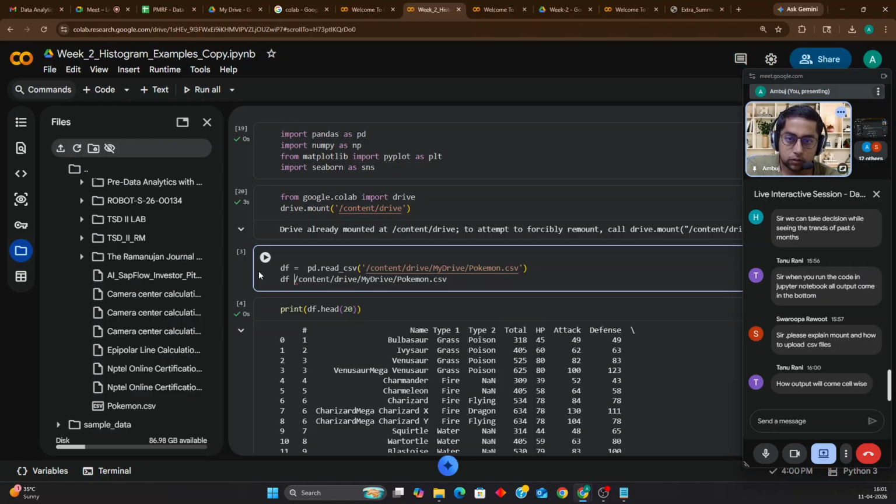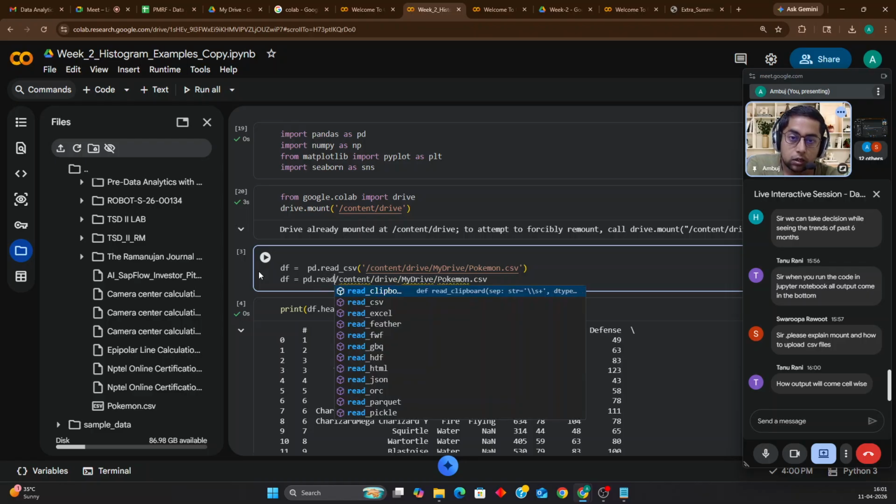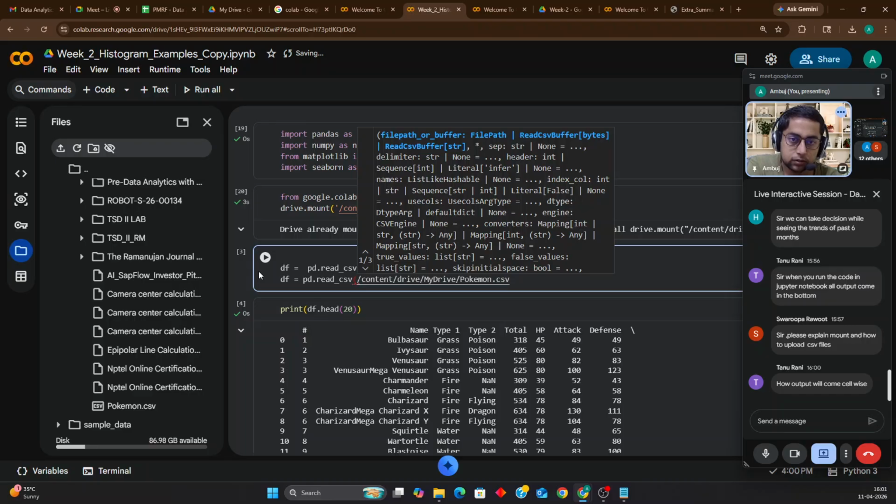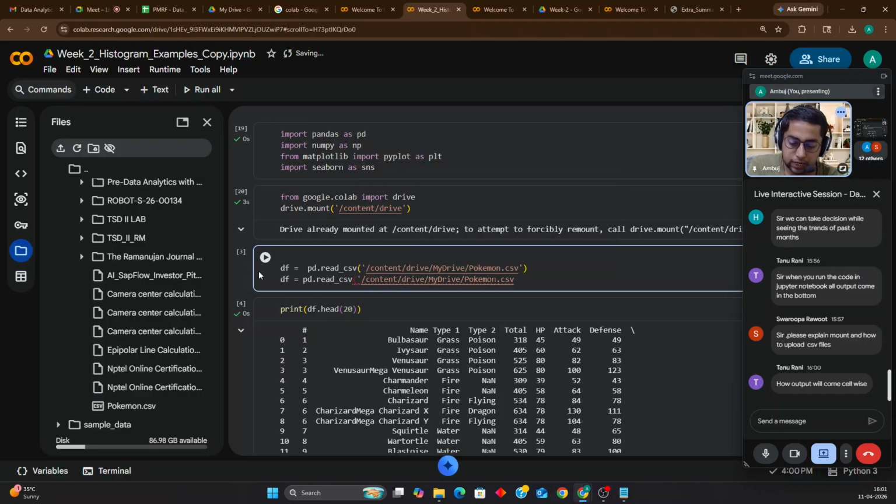So I'll write df equal to pd.read_csv, then put a bracket and write that path.